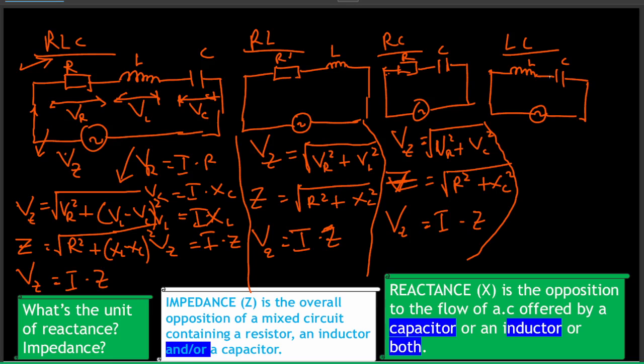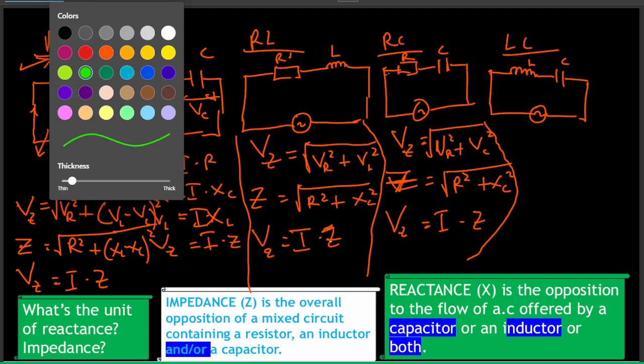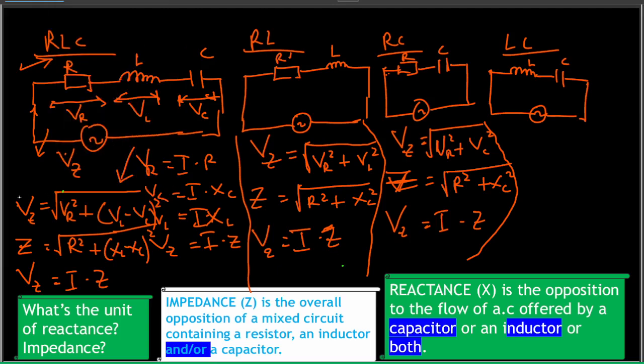Now what about this one? We have only L and C, and this is reactance. So we want to modify this. Instead of VZ, it will now be VX.